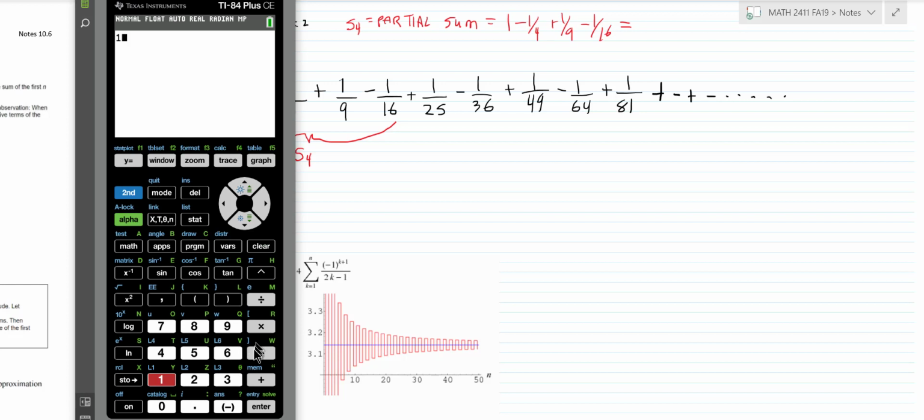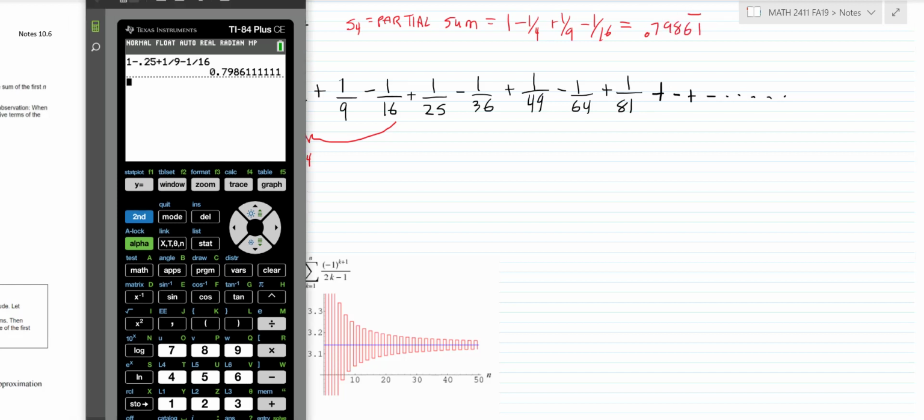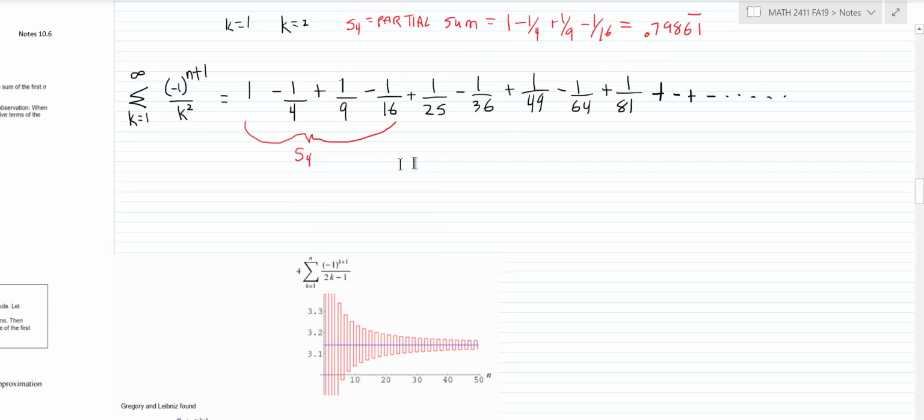So I'm going to go 1 minus 0.25 plus 1 over 9 and minus 1 over 16. Okay, so that would be a partial sum. Let's just write that out, about 0.7986, and then you have repeating ones like that. Okay, so that would be a partial sum. That would be an estimate of the value of this series, okay?